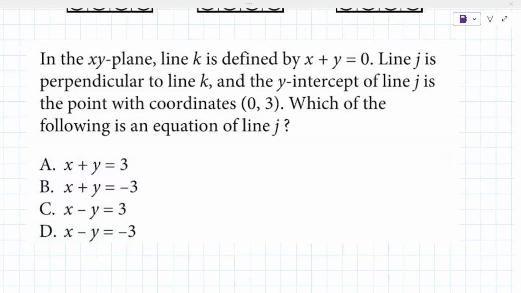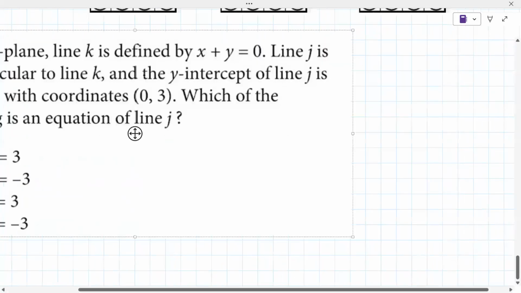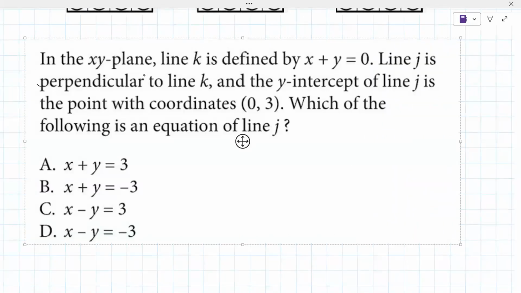Is it C? Okay, how did you come up with C? Because the y-intercept of line J is -1, and then the coordinates are 0 and 3. Okay. So we're looking for the one that's perpendicular, sorry, perpendicular to K, right?